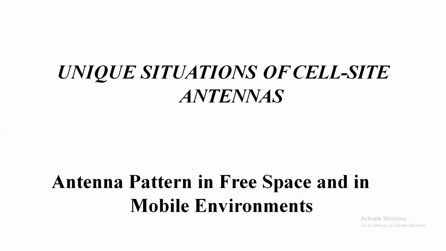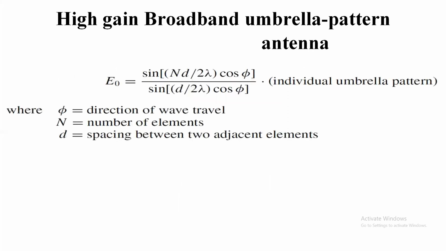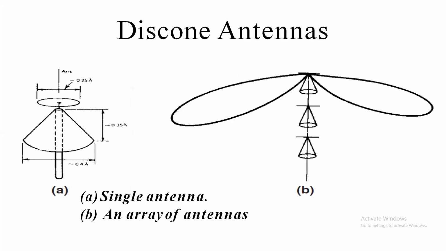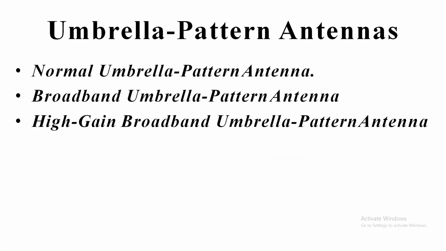In the previous class, we discussed space diversity antennas and also the umbrella pattern antennas, right? In umbrella pattern antennas, there are three types: a normal umbrella pattern antenna, a broadband umbrella pattern antenna, and a high gain broadband umbrella pattern antenna, right?